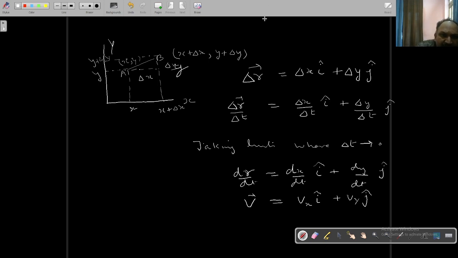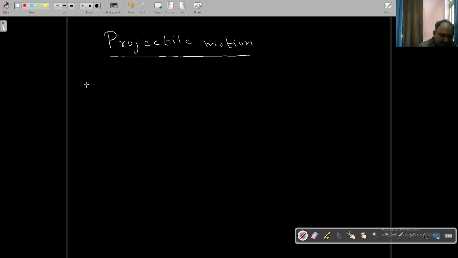Now we are all set to study projectile motion, which is an example of motion in 2 dimension or motion in a plane. Projectile motion. Take a coordinate.